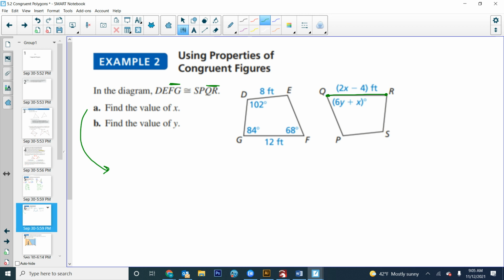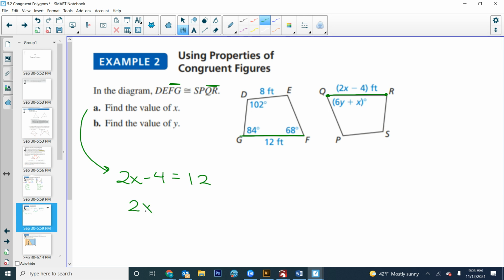I'm not going to look at that picture because I'm afraid that I'll see it wrong and do the incorrect order. So I trust the congruence statement. I know QR goes with FG. So I'm going to set 2x minus 4 equal to 12. That's their congruent parts.